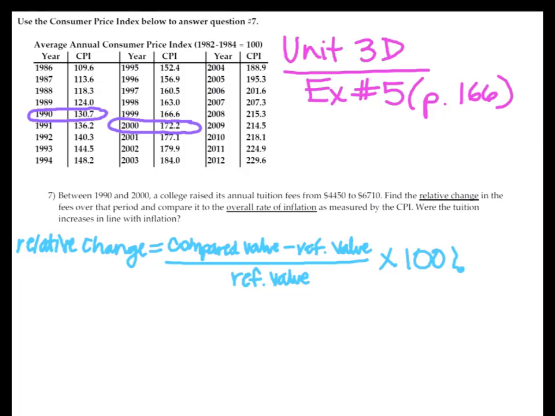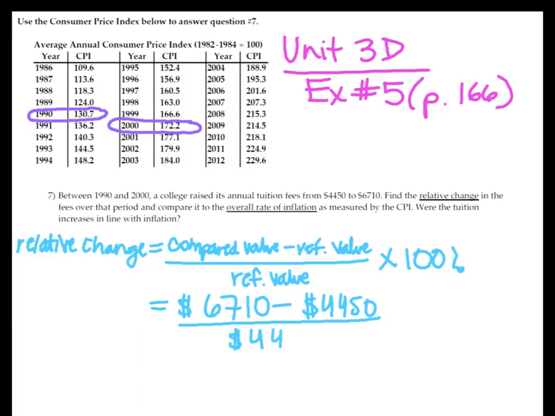So for relative change, we can substitute the values that we know. So the compared value is going to be the new value from the year 2000. So that's 6,710, and we're going to subtract that by our reference value of 4,450. And we divide that by our reference value again of 4,450, and we multiply it by 100%.